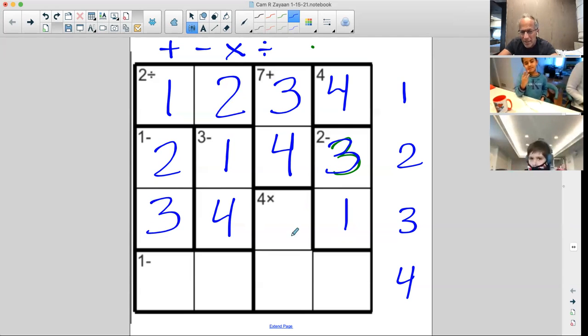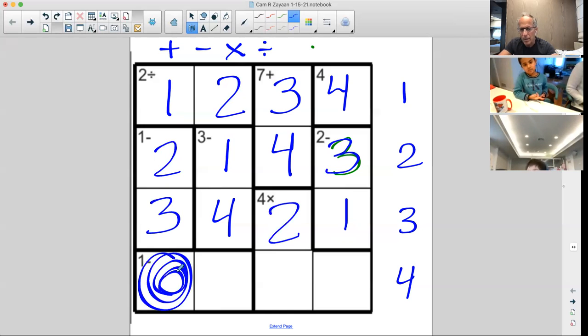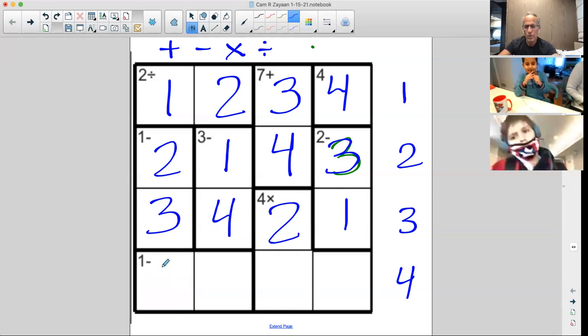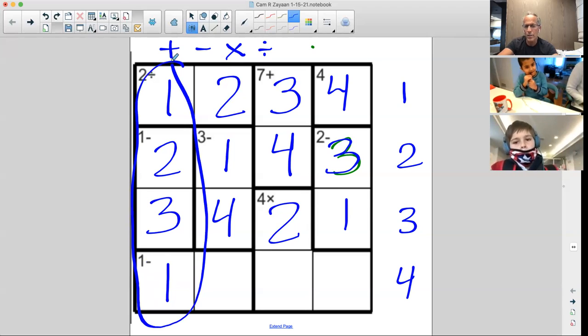And what number has to go here, boys? 2. Good. And what number has to go here? 1. You're allowed to have 2 1s in a column?